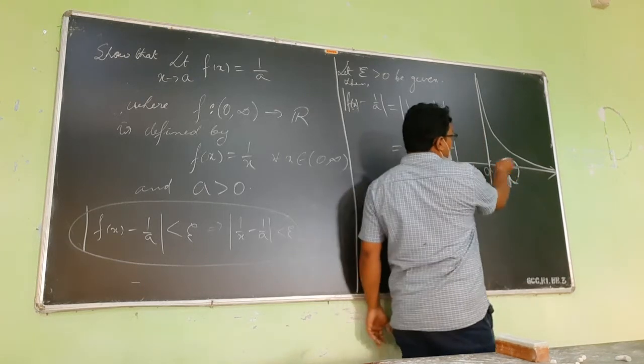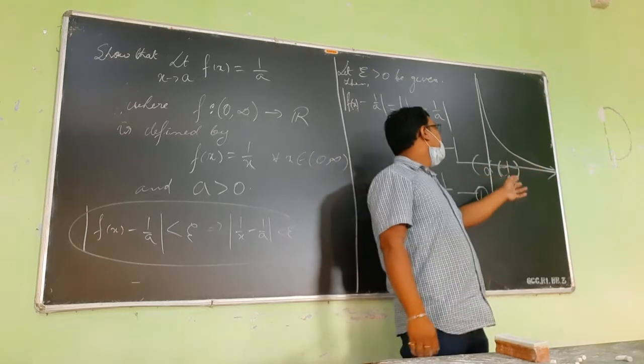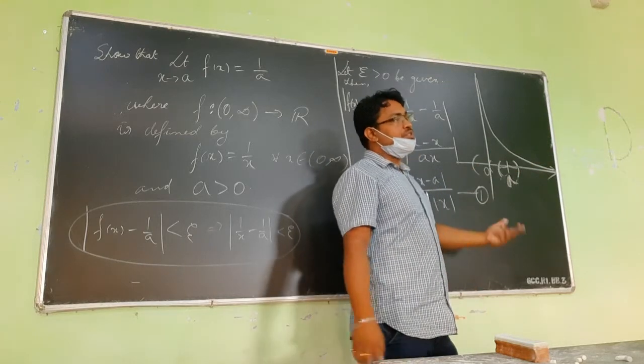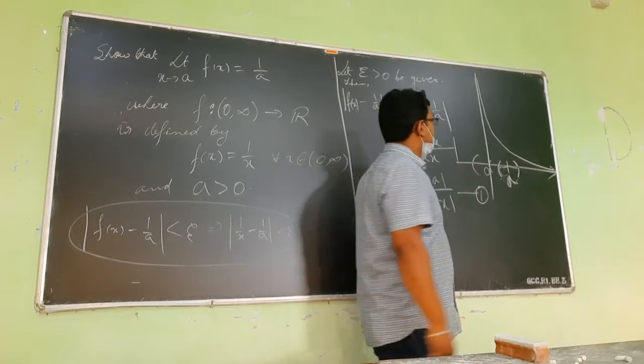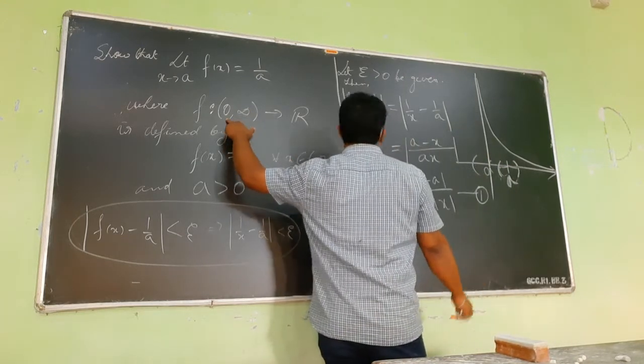Here if I take 1, what is the problem? In the earlier case I said that we can take anything, because in that case the domain was the whole R. There was no restriction, so whatever we take, the function will always be defined. But here the domain is 0 to infinity.